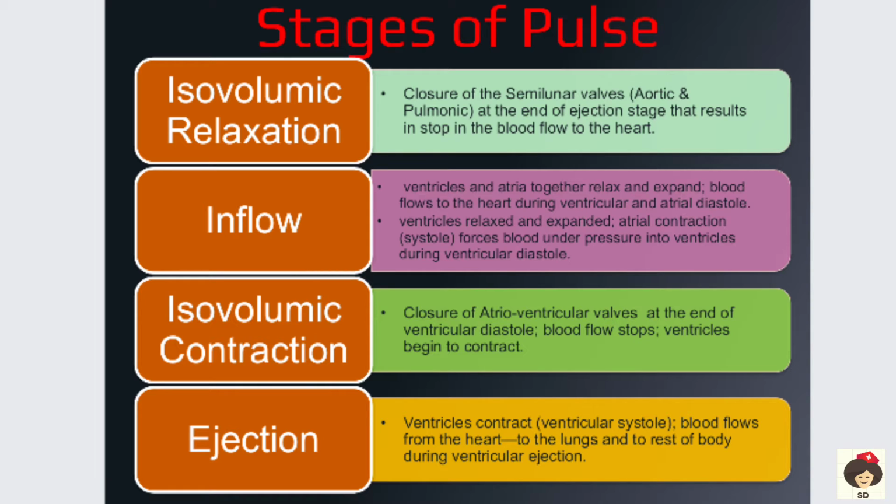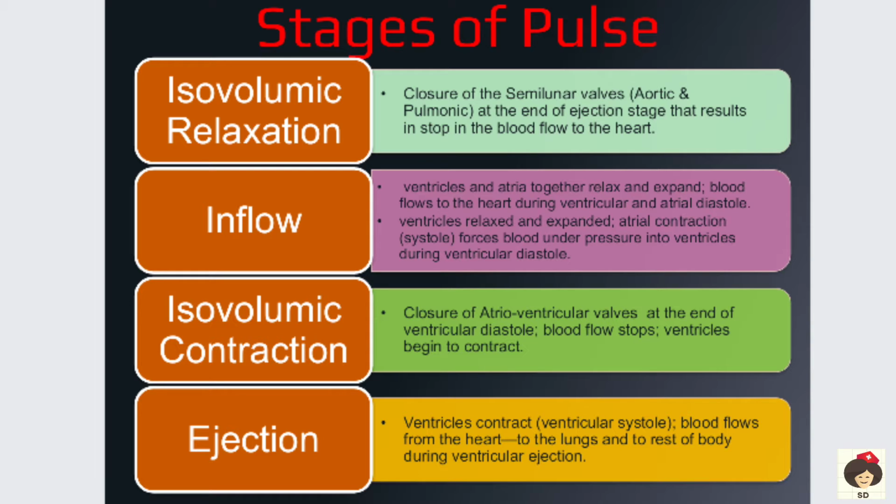And the next stage is the inflow. Inflow is because the ventricles and the atria are relaxed, meaning they are expanded. The blood, that is the venous return from the inferior and the superior vena cava, will flow into the atrium and the atrium will fill.